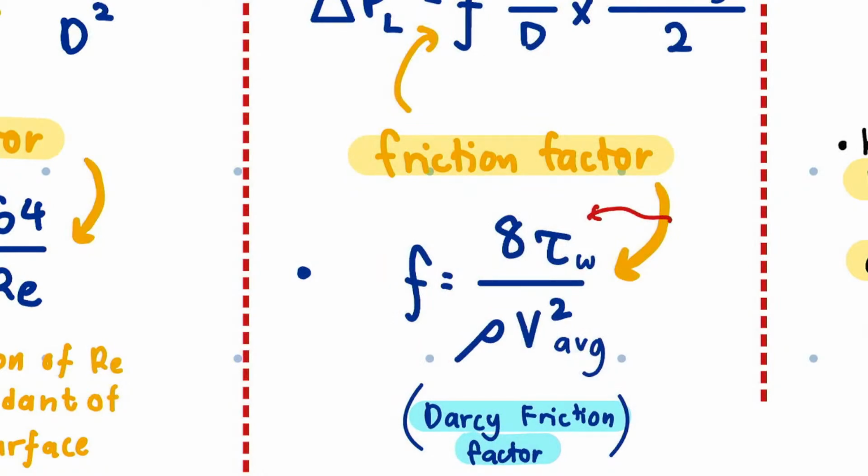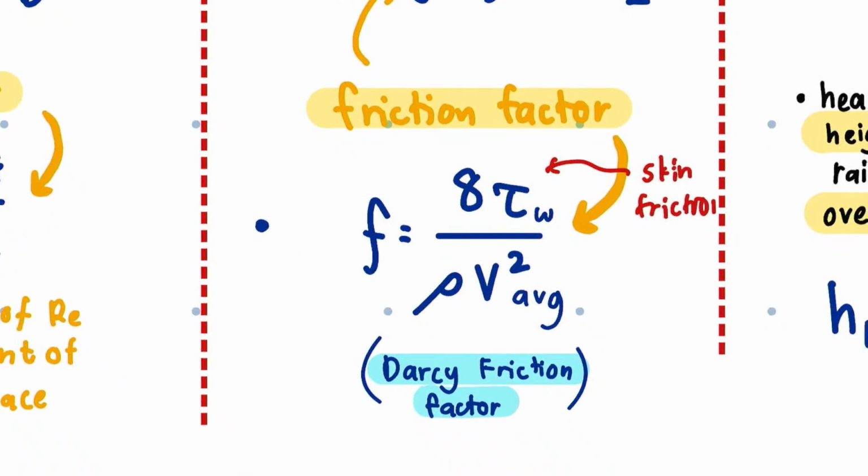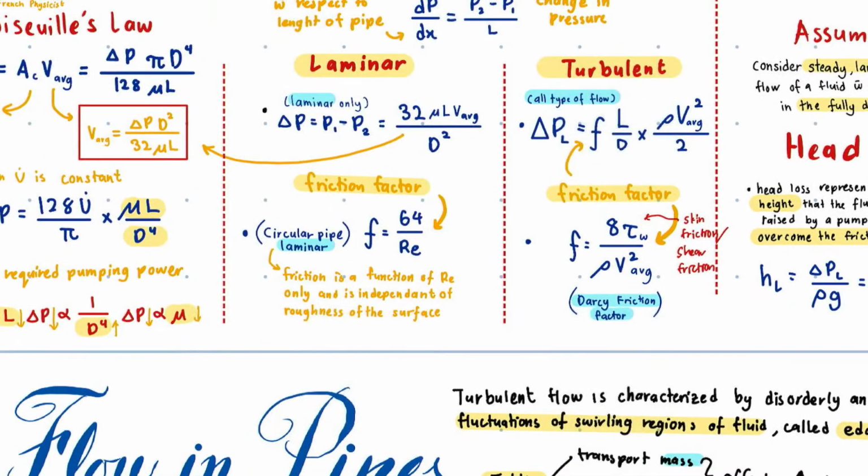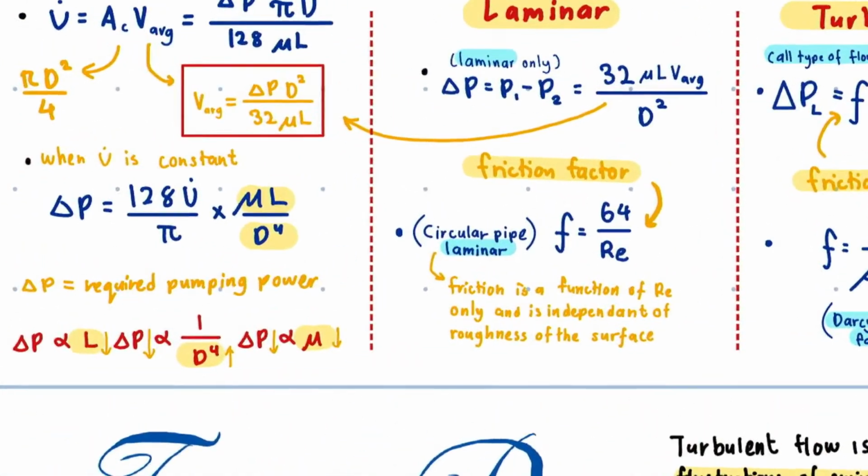This is called the shear friction. If it's given, then you're lucky, but so far I haven't come across that.